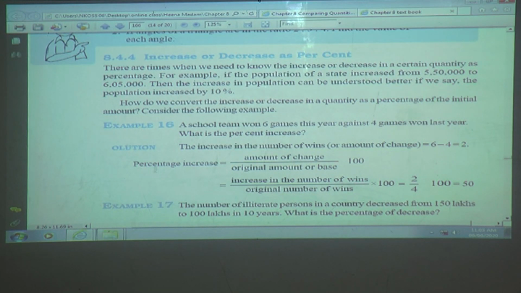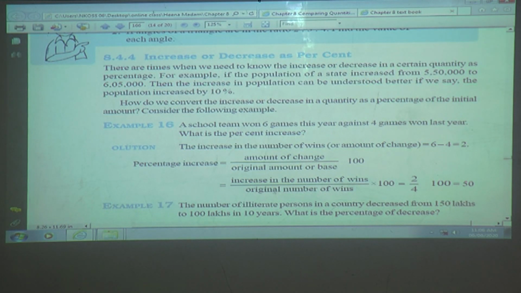So the percentage increase is equal to the amount of change upon the original amount, or the base, multiplied by 100, because we have to find it in percentage.